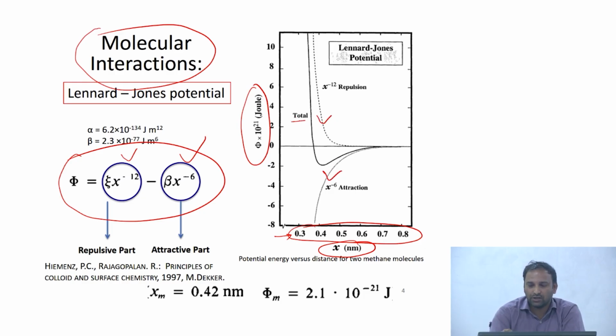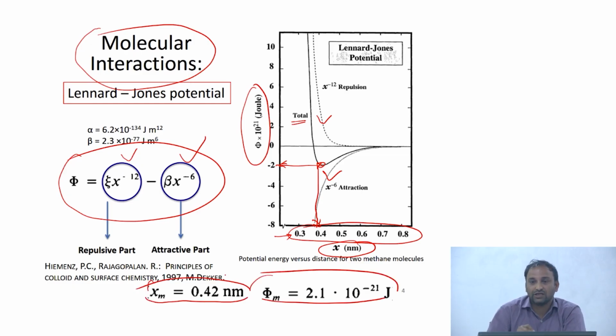There's a minimum, and I can get that by differentiating this equation and equating to 0. It turns out that the minimum occurs at this position, with this energy corresponding to the minimum. So similar to intermolecular forces, you can also play with interparticle forces.